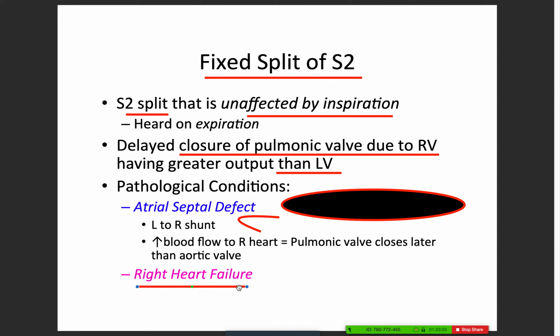So typically, if you have a right heart failure that's causing that delayed closure of your pulmonic valve, it would also be affecting the left heart, and so the S2 would still be together. And so I don't really like this one. We're just going to say atrial septal defect is our cause of fixed split, okay? You can write that down, take it to the bank, and cash it in. This is going to be good for a few points on Step 1, okay? All right, great.